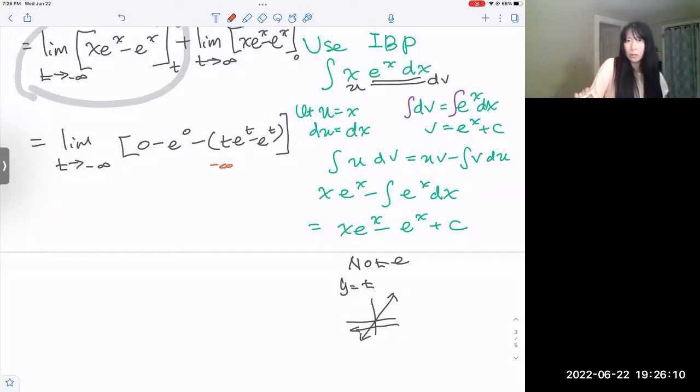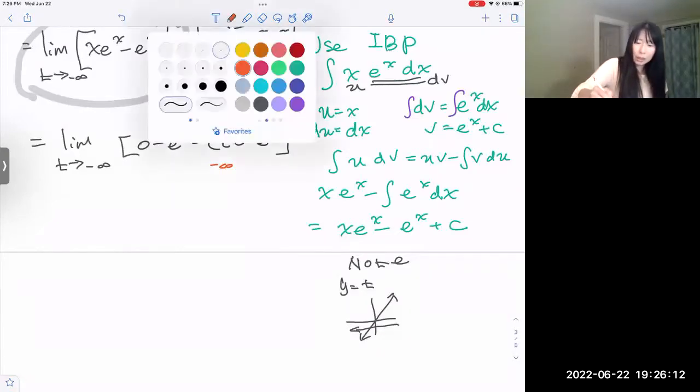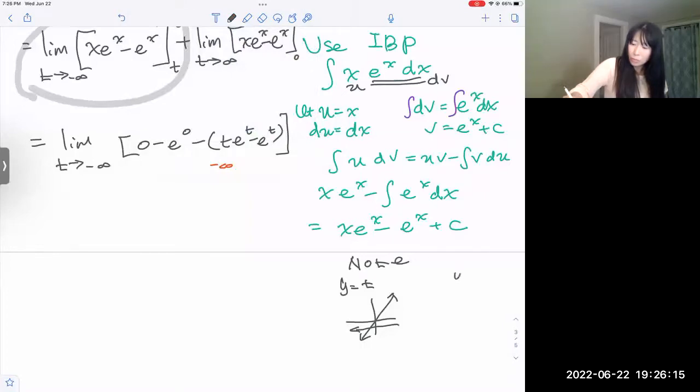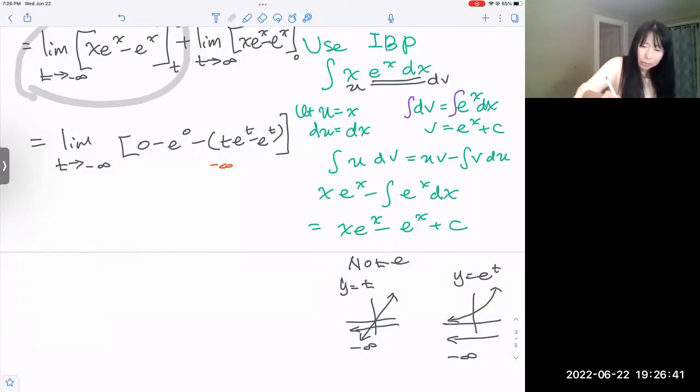What about e^t? This one looks like that, right? So when t approaches negative infinity, what's the graph behavior? It approaches 0, but never reaches it. Excellent. So it's 0. Then this one also approaches 0, right?